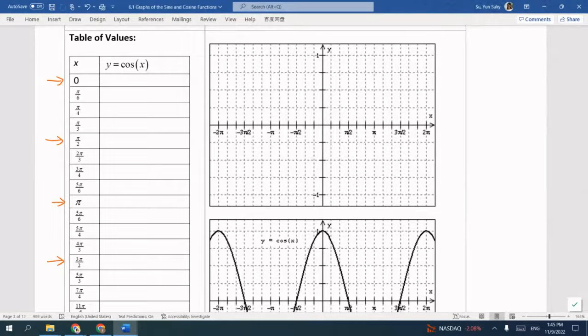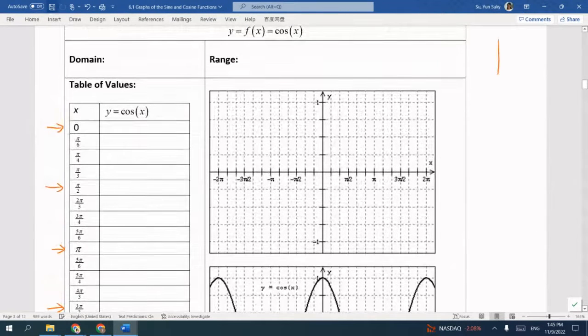Cosine is the x. Right, everybody? So if theta equals 0, what's the x value?